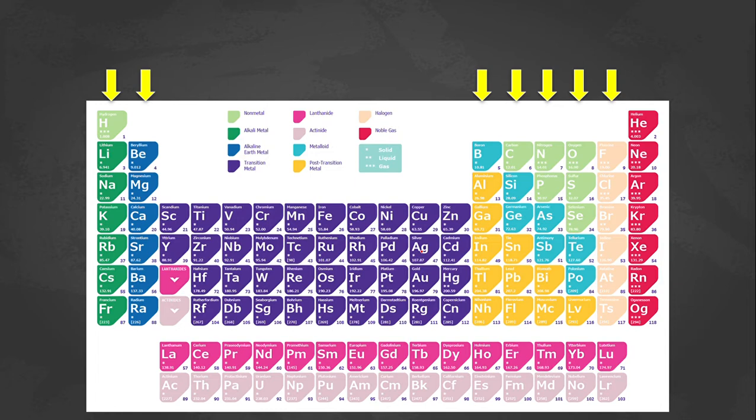Ayan. So, ito yung mga metals natin. These are the metals except for hydrogen. Itong mga to, ayan. Mga yan. Kasama to, ayan. Boron, sinasama na natin minsan yan. Though, metalloid talaga siya, pero minsan sinasama na natin for metals. Okay?